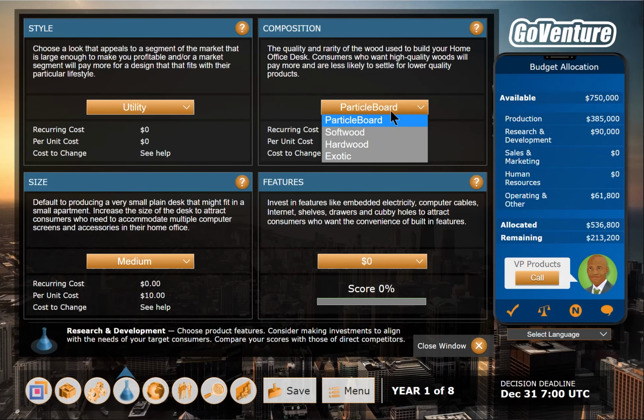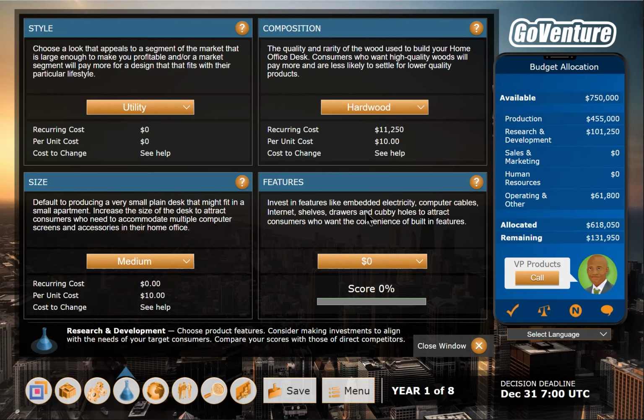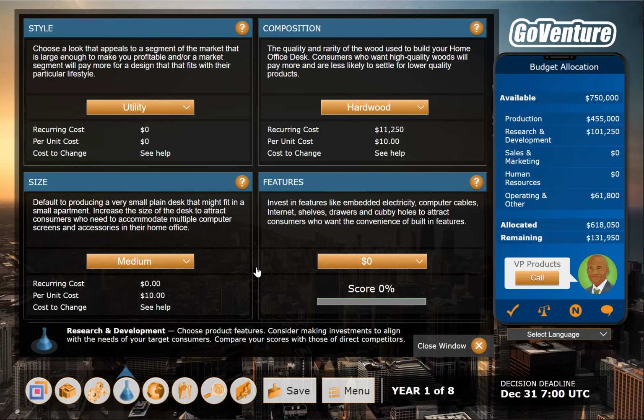I can also change what it's made of. Particle board tends to be cheaper material, but maybe I want to do hardwood, which will again increase the cost and the value of the desk. So there's a variety of choices I can make here to differentiate my product in the marketplace. And again, if I'm not sure of what these choices are, we've got little question mark help buttons. You can click to find out more detail.